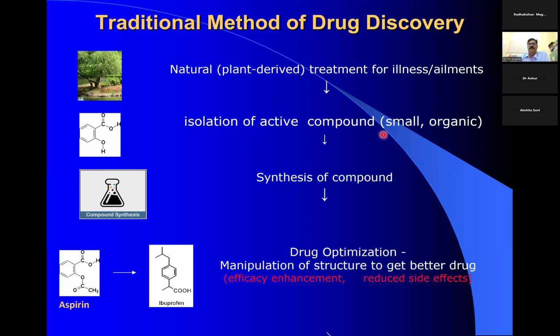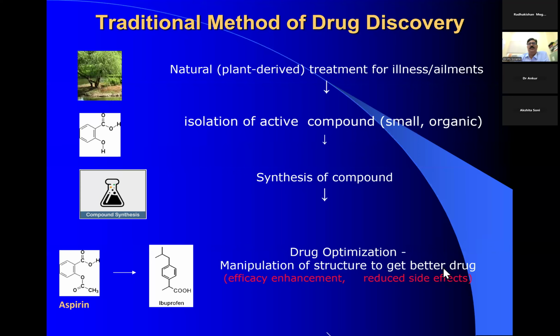So, once a promising natural remedy was identified, the next challenge was to isolate that compound, small organic compound. This involved painstaking work to extract, purify, and identify the single chemical molecule which is responsible for therapeutic effect.